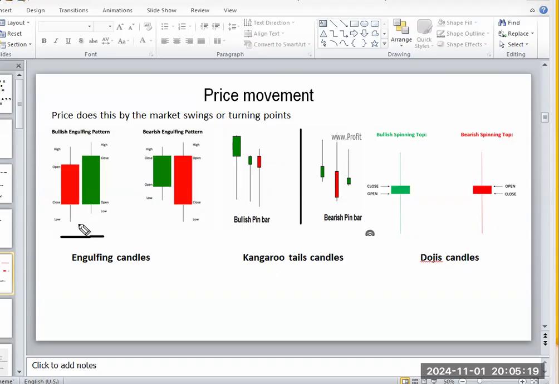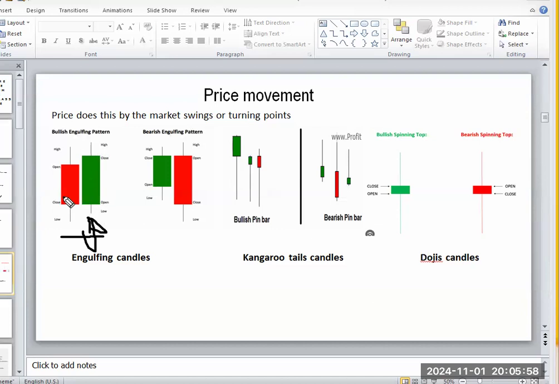Right? So an engulfing candle, like the one you see right here, is when, so the red in this case signifies a downward candle or a bearish candle, and the green one indicates a bullish candle. So in our case here, this candle here is a nice bullish engulfing candle.